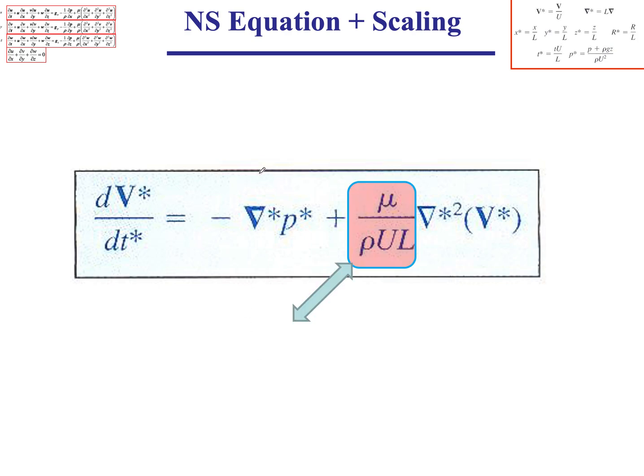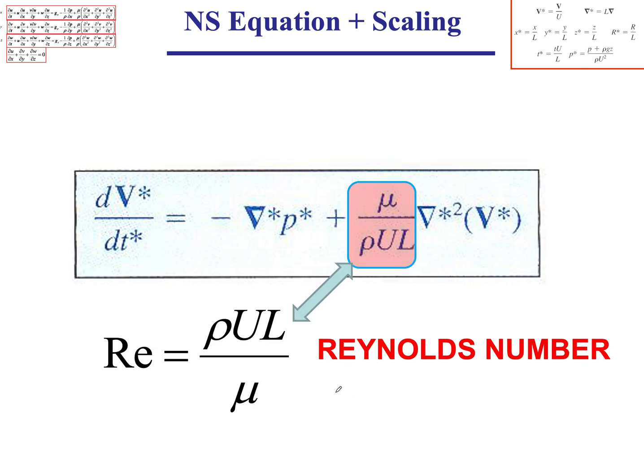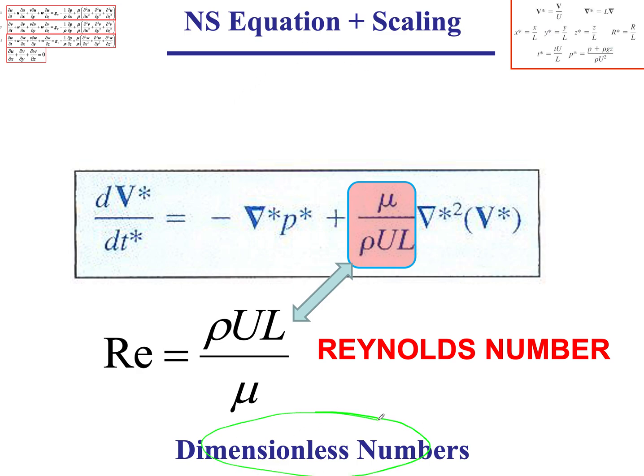When we do this process, we get a dimensionless number, and in fact, just because they are so important, they have names. That thing, rho u L over mu, the inverse of what we have in the equation, is called the Reynolds number, and it's very famous.